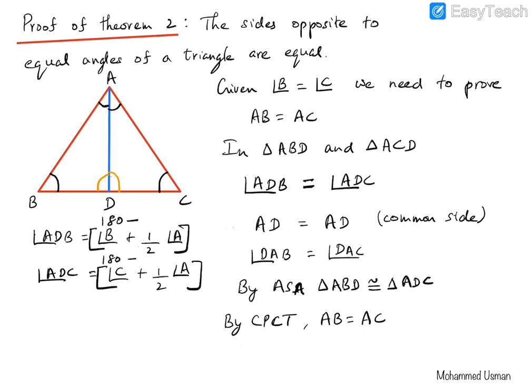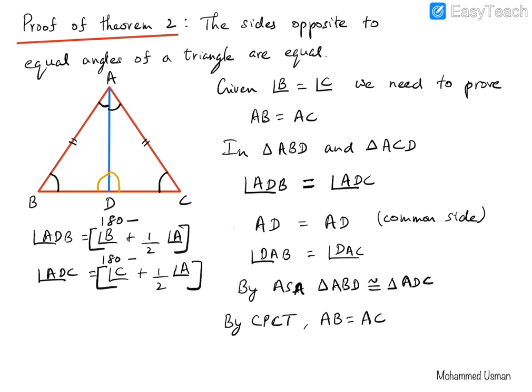So therefore, we have the ASA rule to prove the congruence of these two triangles, and then we will apply CPCT to prove that the side AB is equal to the side AC. Okay, so this is the proof of the second theorem, and the second theorem is the converse of the first theorem.